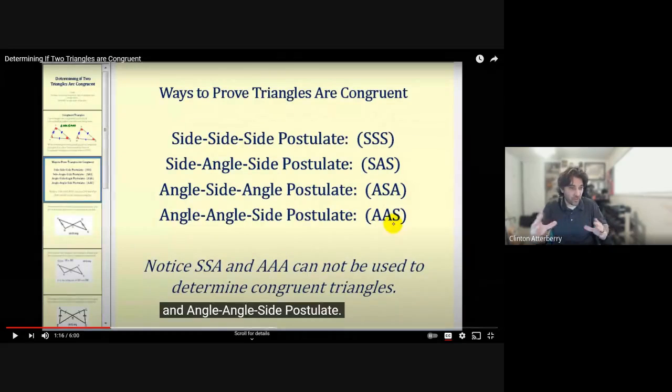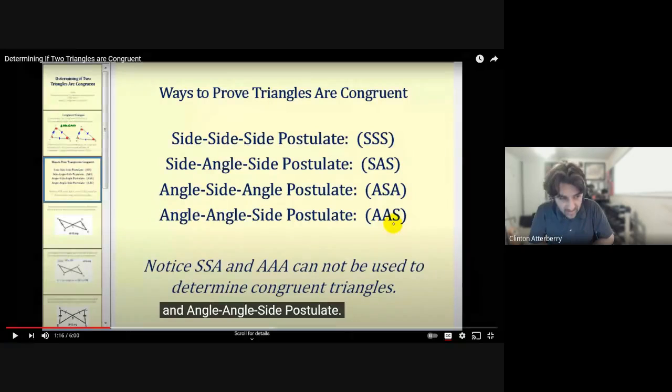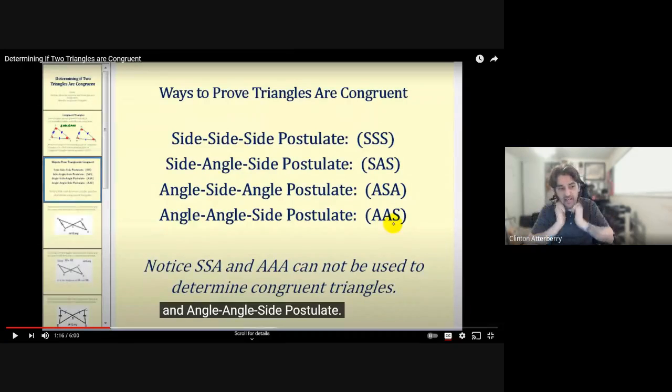One's small, one's large, and they have the same shape. They can have the same angle measurements but different side lengths. So two triangles with angle, angle, angle could be similar, but it doesn't mean that they are the same. Same thing with SSA, the side-side-angle.